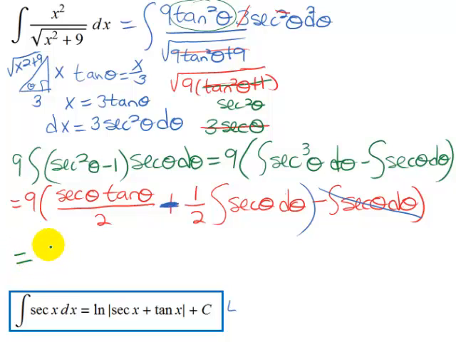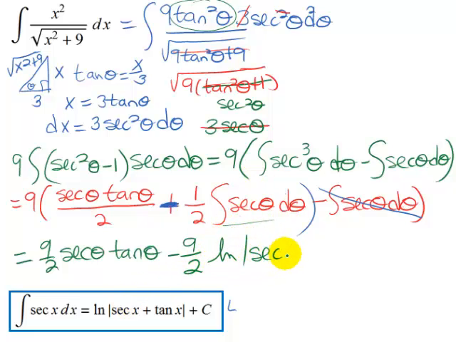So that's going to be 9/2 secant theta tangent theta minus 9/2, and then using this formula we'd have the natural log of the absolute value of secant theta plus tangent theta, plus our constant of integration.